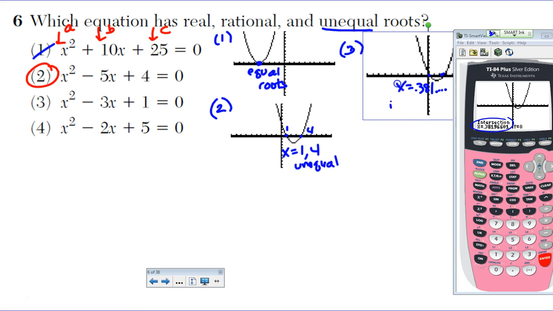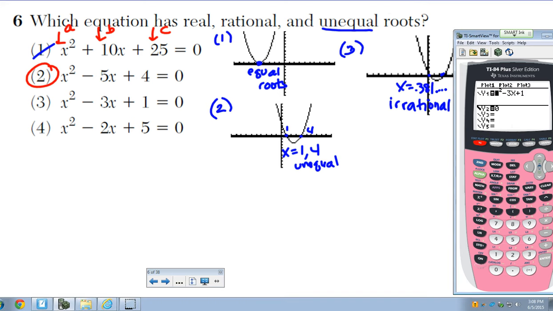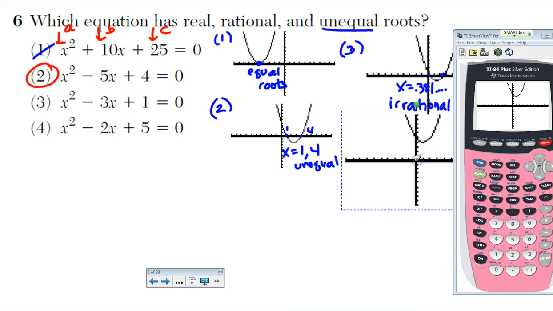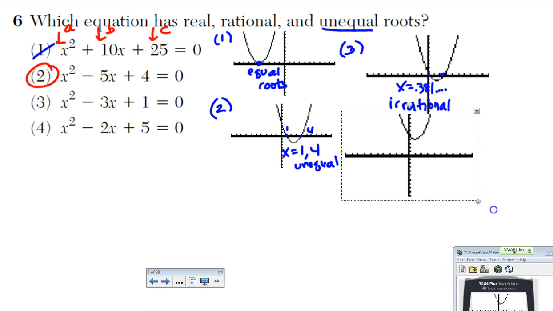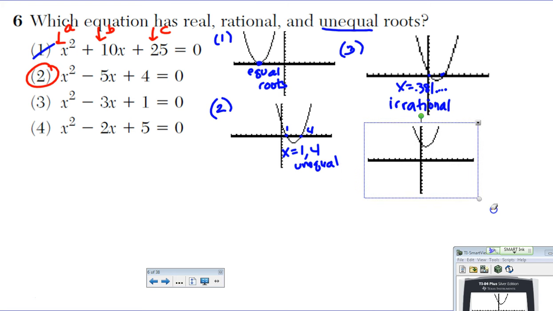That is irrational. And then finally, when we do choice 4 and I look at that graph, this is clearly a giveaway. The graph is not even touching the x-axis at all. For a graph like this, when it doesn't touch at all, that means imaginary answers. So that's what that would look like.